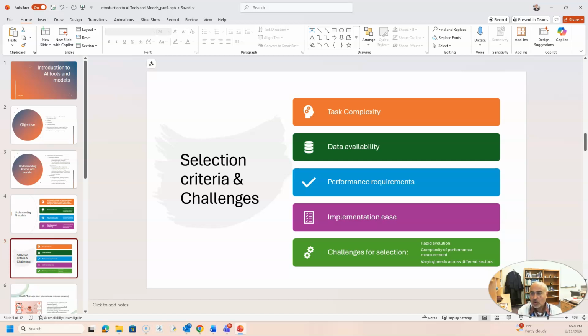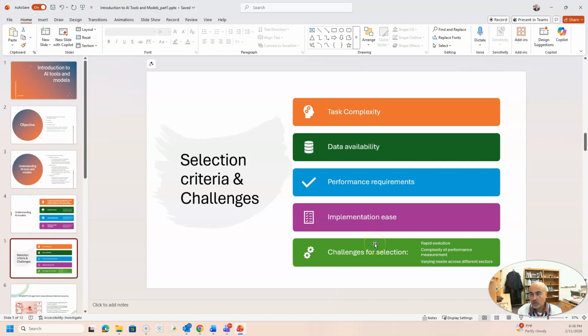We also have to look for the performance requirements. How accurate and efficient do you want your output to be? And also the application ease, available resources and knowledge for the application development and maintenance.